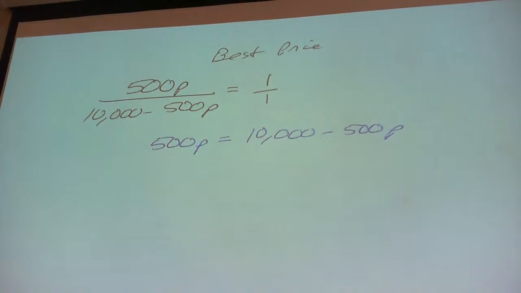So always cross multiply. How do you solve a proportion? Cross multiply. A proportion is a fraction equal to a fraction. Something over something equals something over something else. That's a proportion. So I could have skipped all those steps and just found the best price.